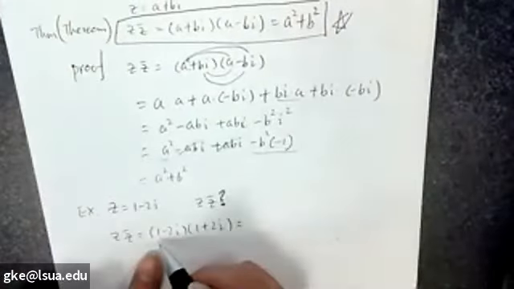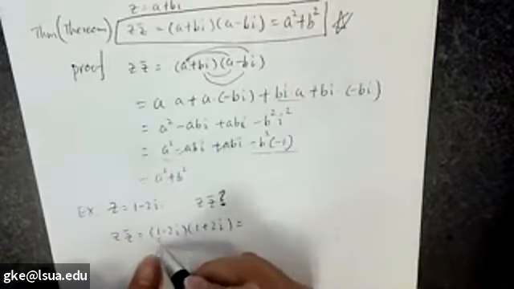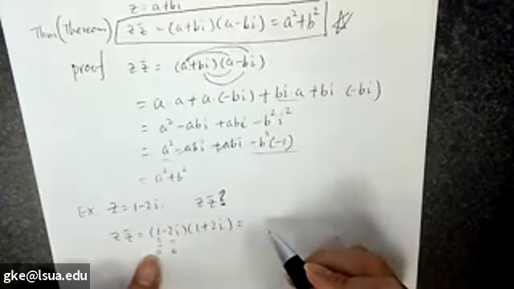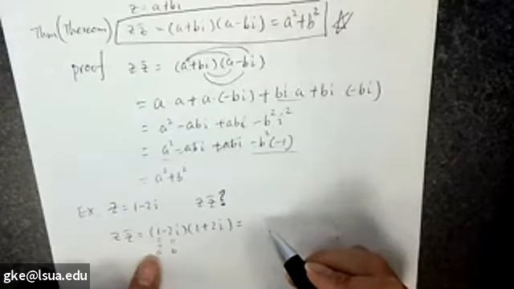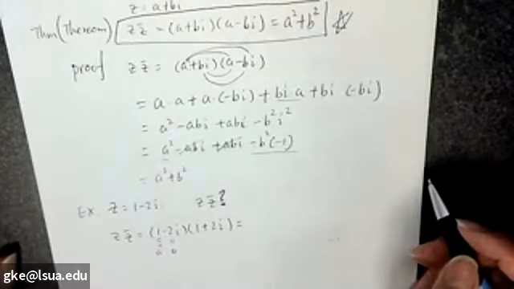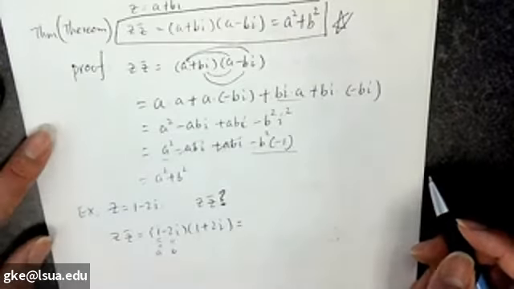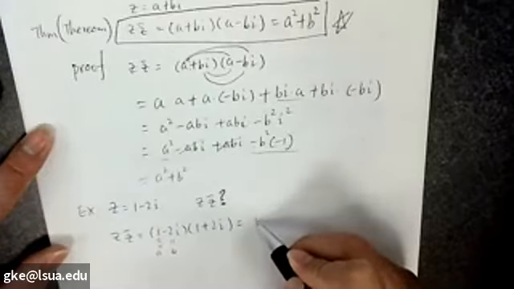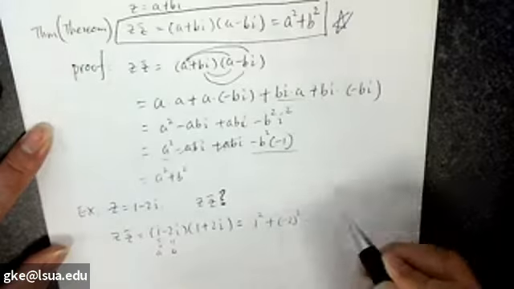So here a is 1. What is b? Negative 2. Be careful, imaginary parts. Okay, it's negative 2, it's not 2. So here should be a squared, 1 squared, and b squared is negative 2 squared, right?